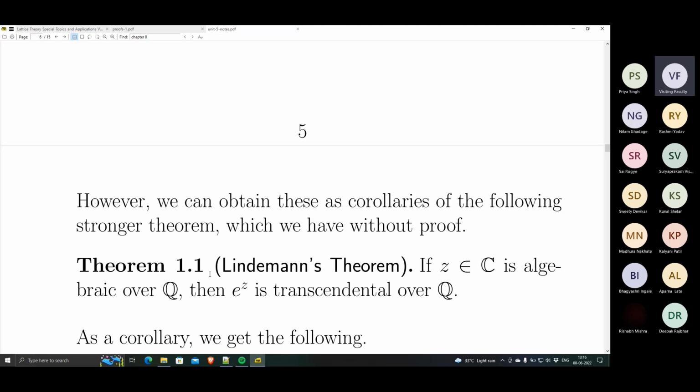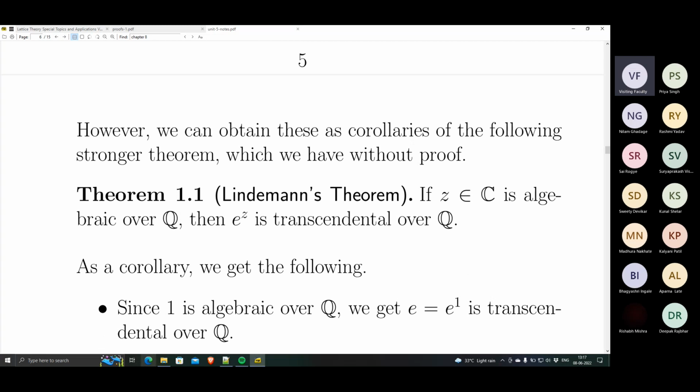Yeah, that is what we were seeing. Q over Q is an algebraic extension, trivially. So 1 is an element of Q, 1 is an integer, 1 is a rational number. So x minus 1 is the monic polynomial. Okay. So 1 is algebraic, therefore e raised to 1, which is e, is transcendental. That is exactly what I wanted to show. Since 1 is algebraic over Q, e raised to 1, which is e, is transcendental over Q.